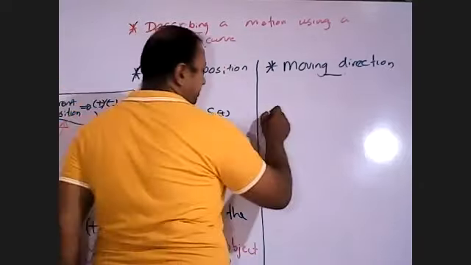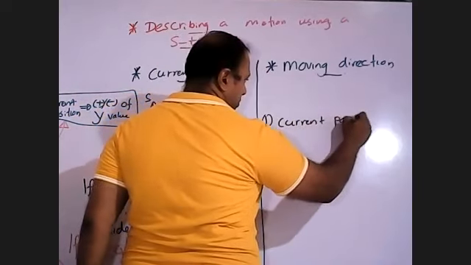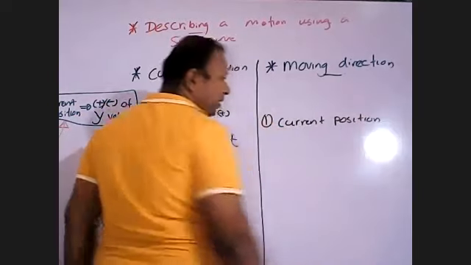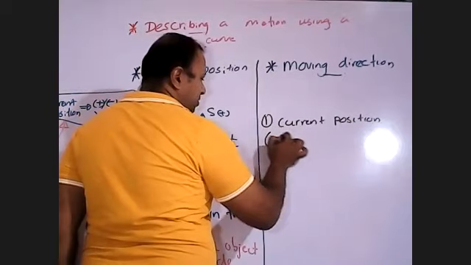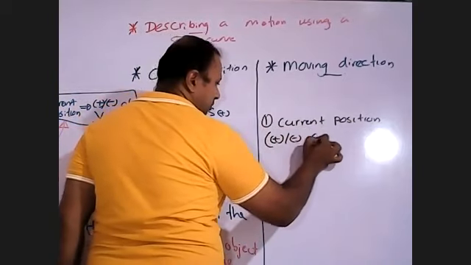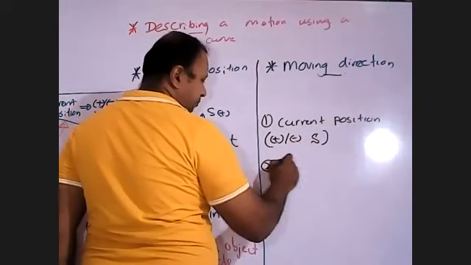Number one, current position. It is decided by the positive or negativeness of S. The second thing, moving direction.